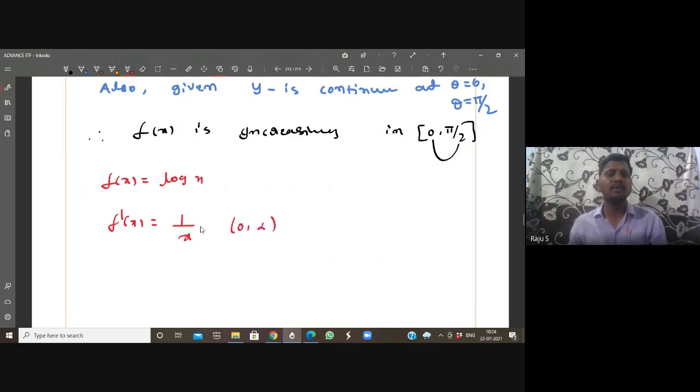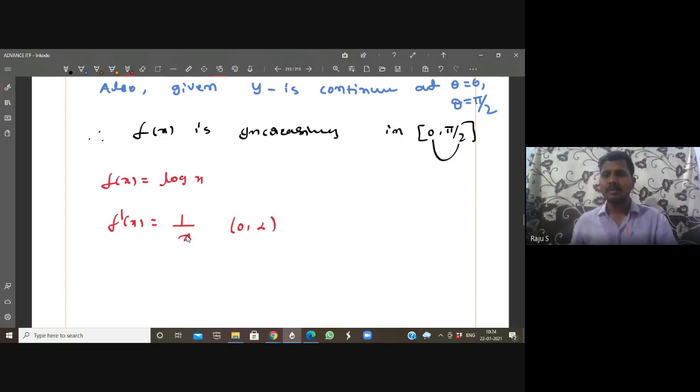On the open interval 0 to infinity, f dash of x always exists. Yes or no? At 0 alone it is undefined. Other than 0, it is always continuous, defined.